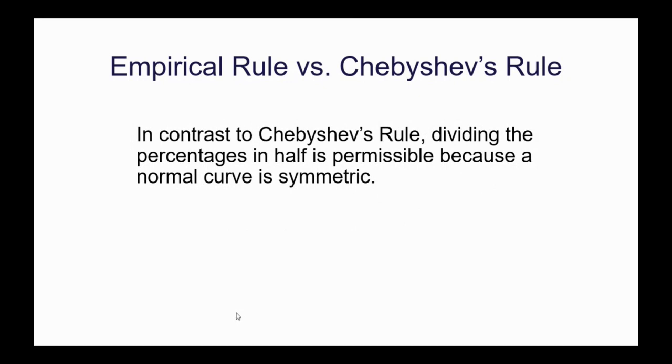In contrast to Chebyshev's rule, dividing the percentages in half is permissible this time because the normal curve is symmetric. So on Chebyshev's, unless you know specific information about the distribution, you really can't divide percentages in half. So I told you wrong earlier. You asked about dividing in half. On Chebyshev, you can't, because unless they tell you it's symmetric, you can't just assume it is.